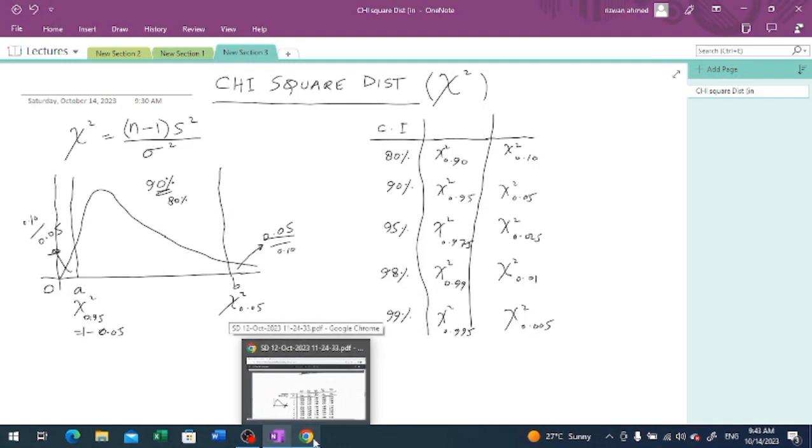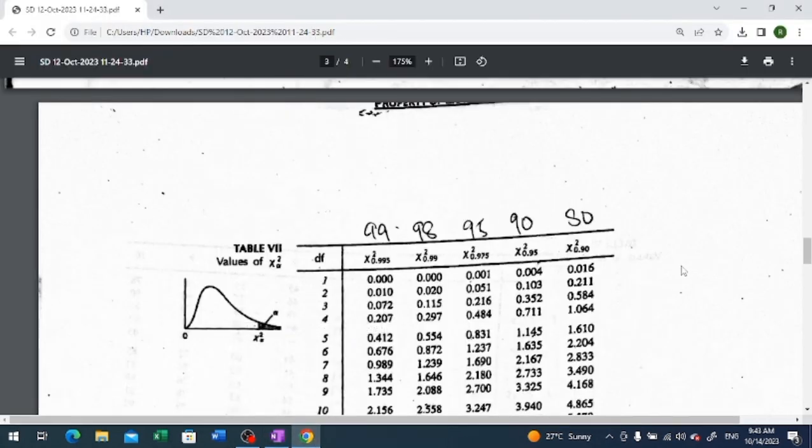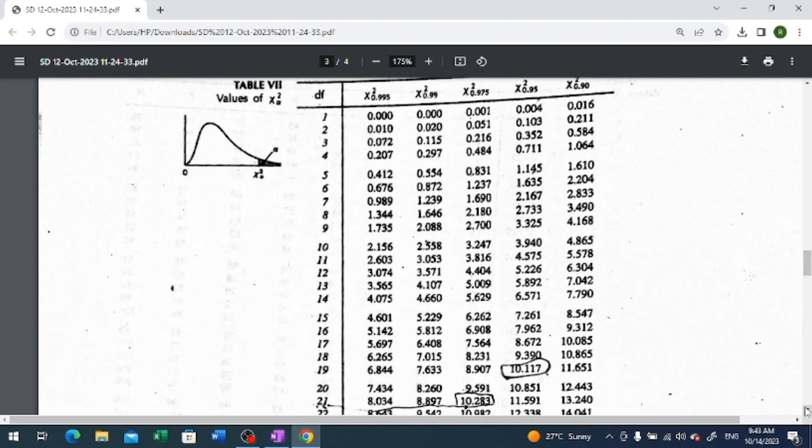How is it structured? Now see, this is page 1 of the chi-square table. You can see the subscript of 0.995. That is the lower bound for 99%.